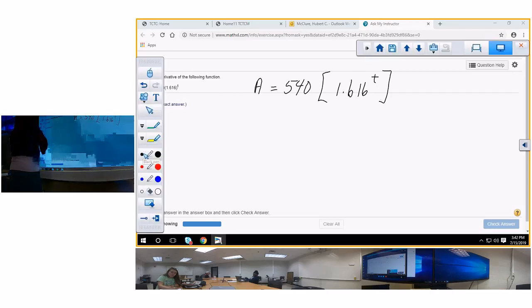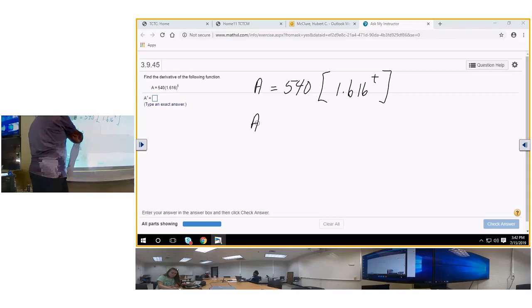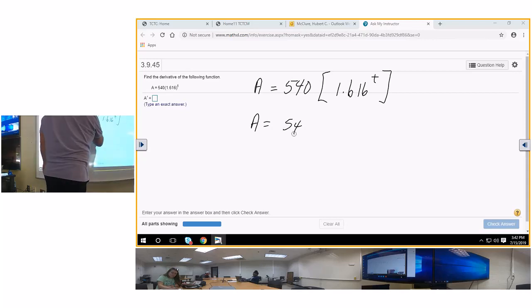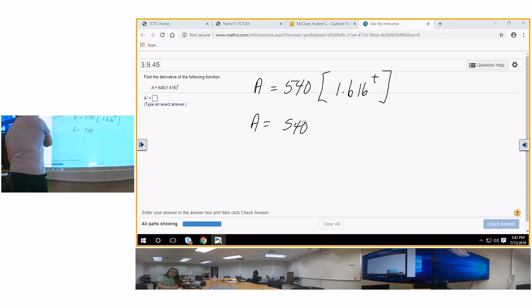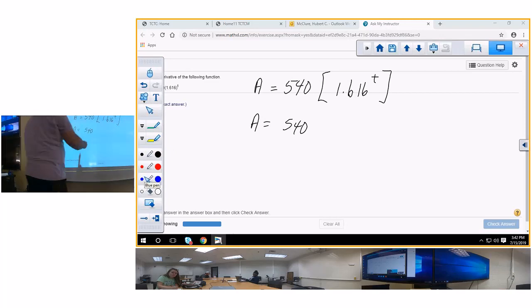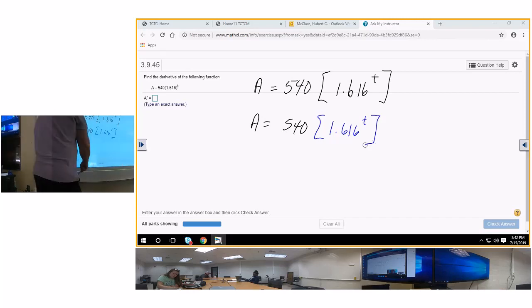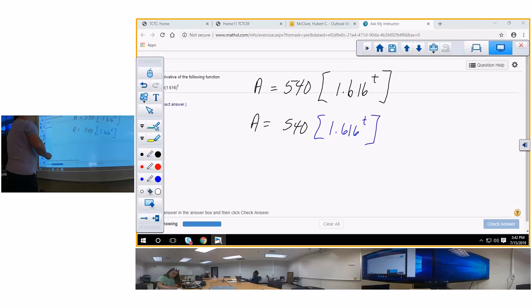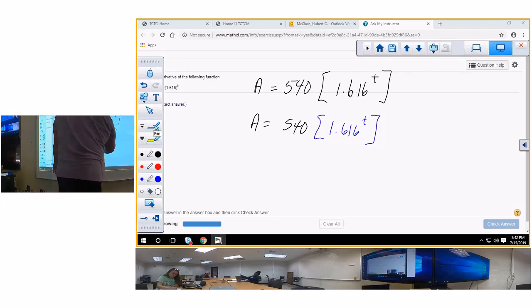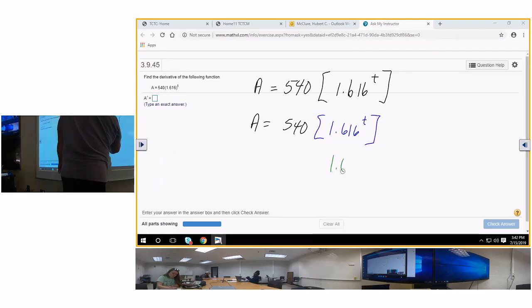So A prime is equal to 540 times the derivative of 1.616 to the t power. And that comes out to 1.616 to the t power times the natural log of 1.616.